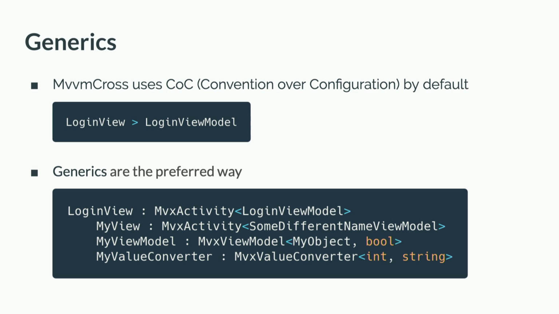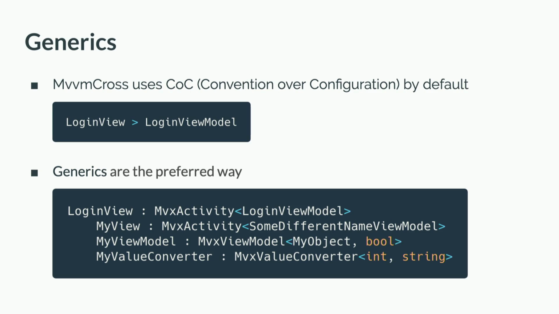If you've got a native project, you can hook LoginActivity or Fragment to LoginViewModel. If you're doing Forms, you can hook LoginPage to LoginViewModel. It's based on the first bit and the last bit to connect it to.